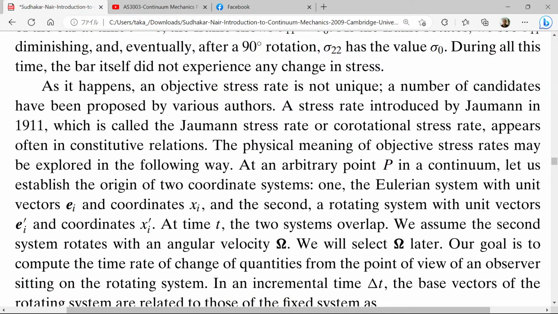As it happens, an objective stress rate is not unique. A number of candidates have been proposed by various authors.